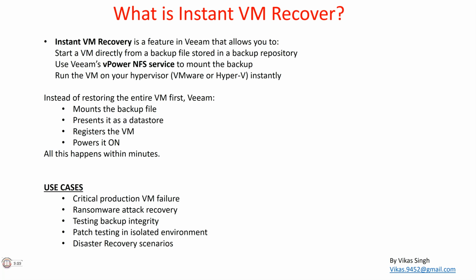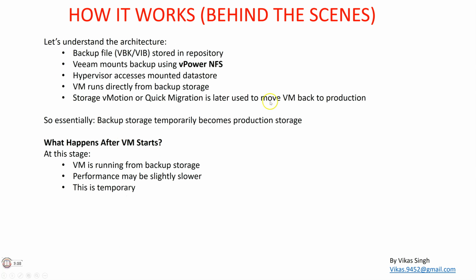How does it work in the background? That is also very important to understand. Backup files such as VBK and VIB are stored in the backup repository. Veeam mounts that backup using vPower NFS, the hypervisor accesses that mounted datastore, and the VM runs directly from the backup storage.